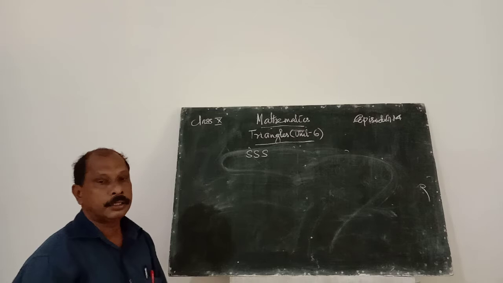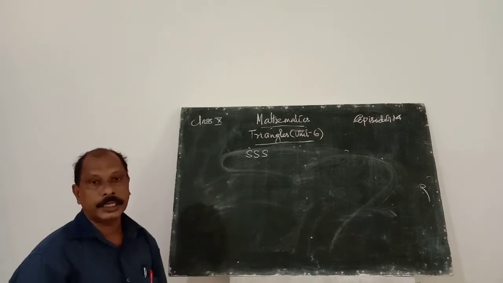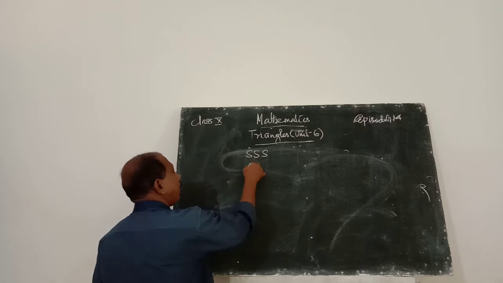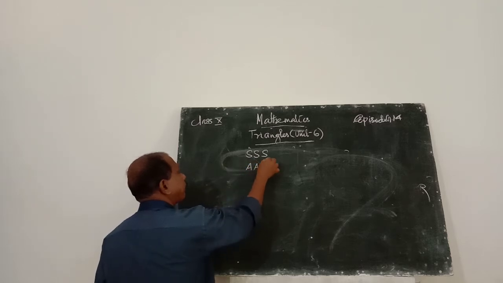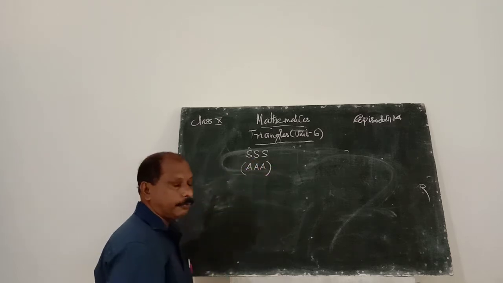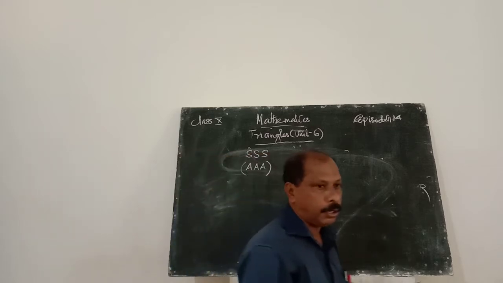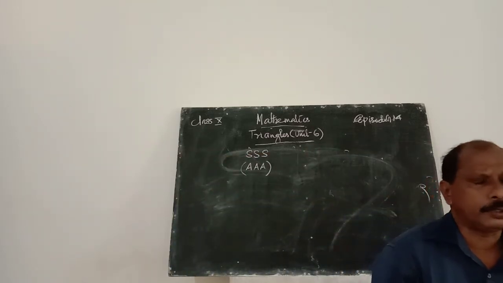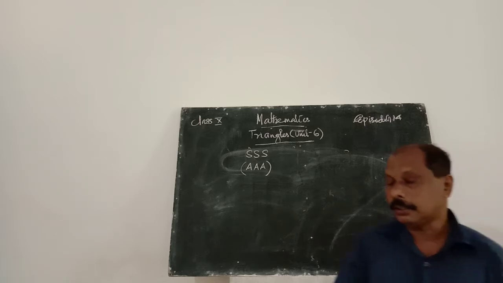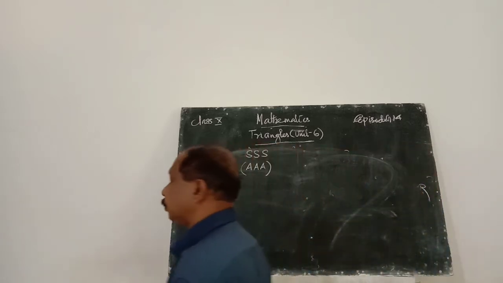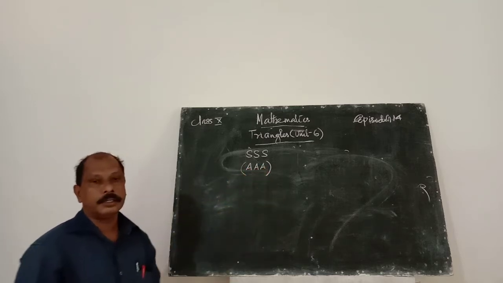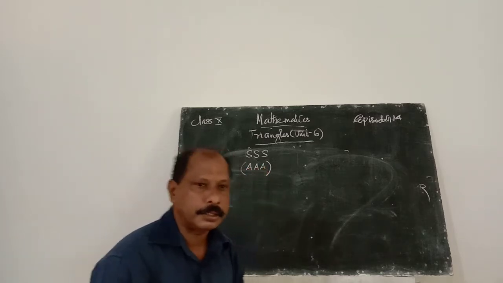They are similar. That criteria is known as SSS criteria. Then what is AAA criteria? Three angles of a triangle are equal to the corresponding three angles of another triangle. Therefore, their sides are in proportion. Therefore, these two triangles are similar triangles. That is known as AAA criteria for similarity.